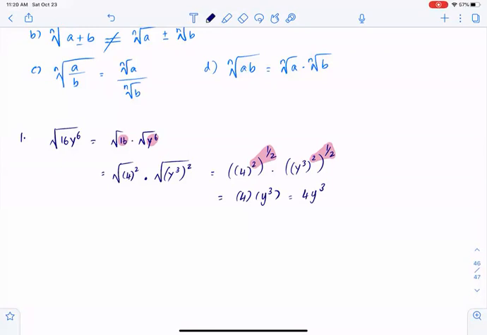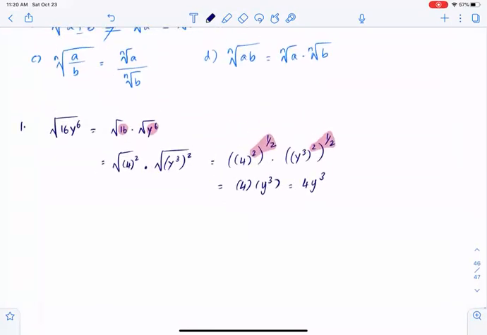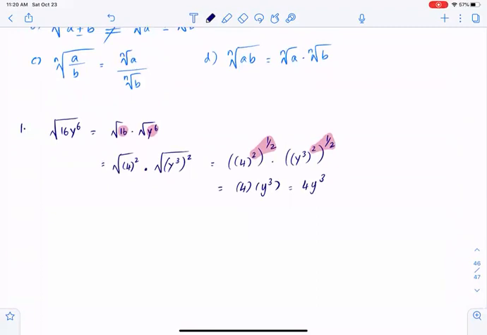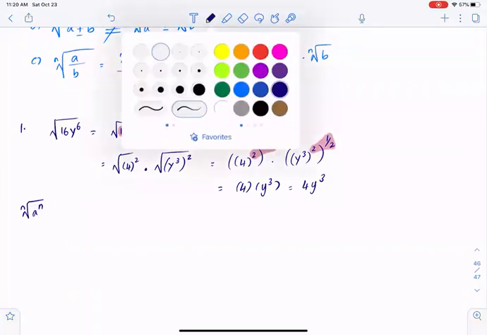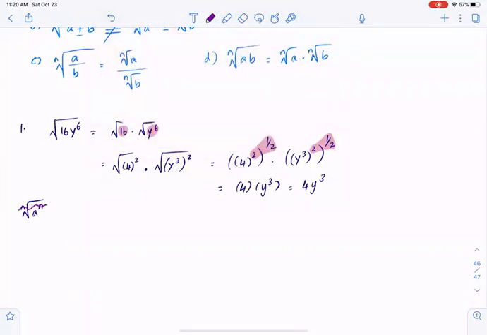I always tell my students, if you have the nth root and you can write the number inside the root or the expression inside the root in terms of the nth power, I do this squiggly line and get rid of the root and the radical.